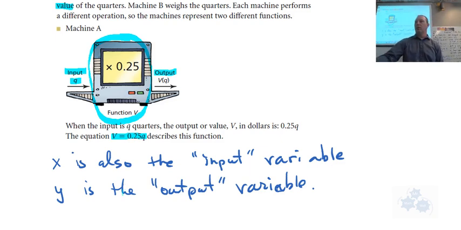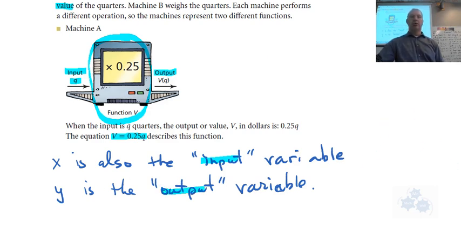V equals 0.25q. Okay? The input variable is the number of quarters. What the function does is it finds the value by multiplying the number of quarters by $0.25 to give you the value in dollars. Okay? So x is the input, y is the output.